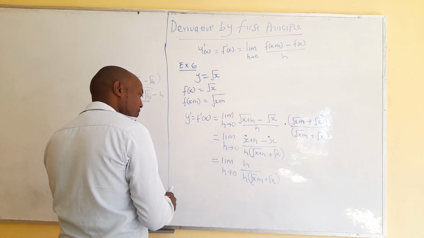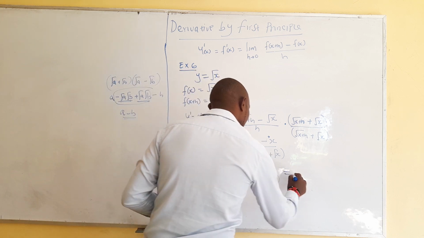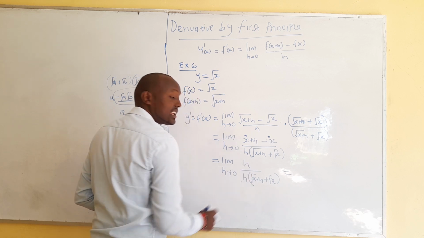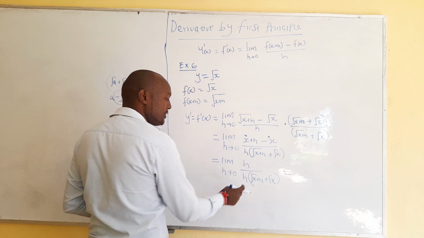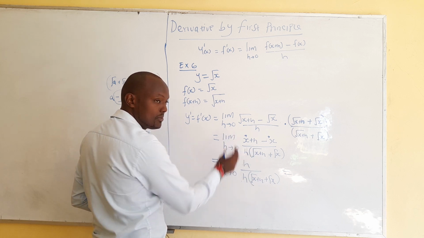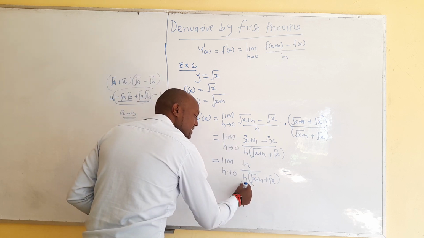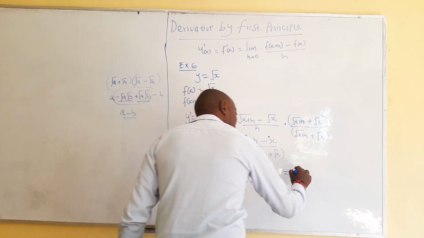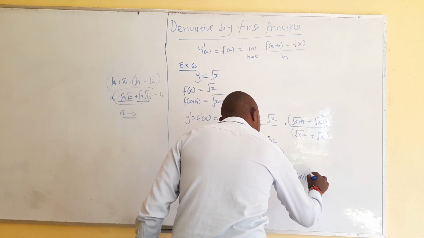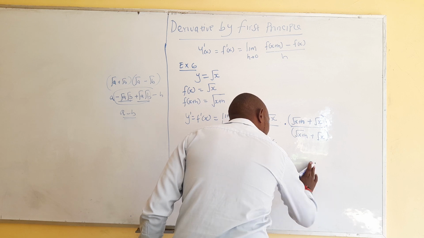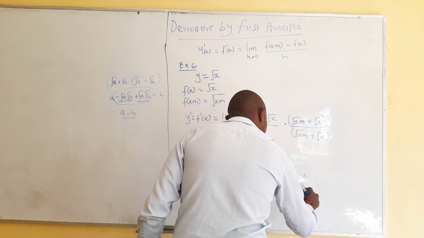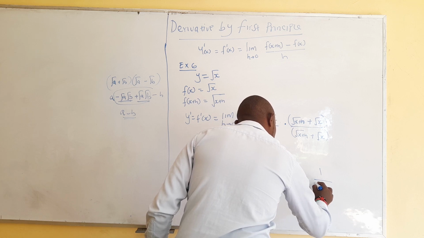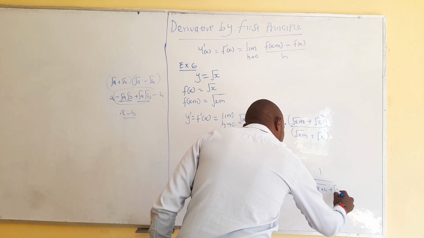Because this is just a product, this h and this h can cancel out. But if it was h plus this one, it could not cancel out. The advantage is that this one is a product. So we have the limit as h approaches 0 of 1 over root of x plus h plus root x.